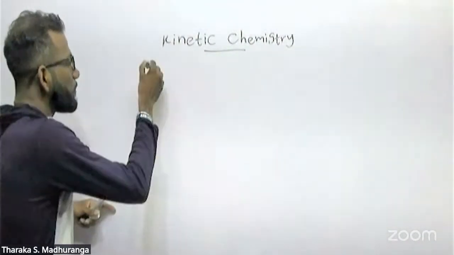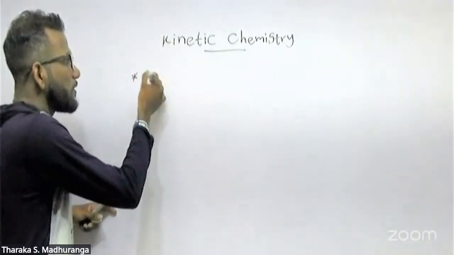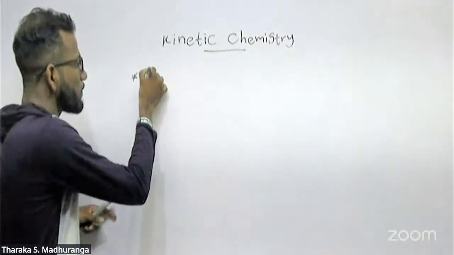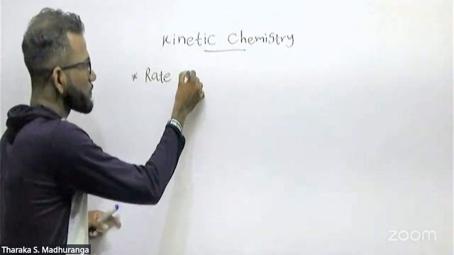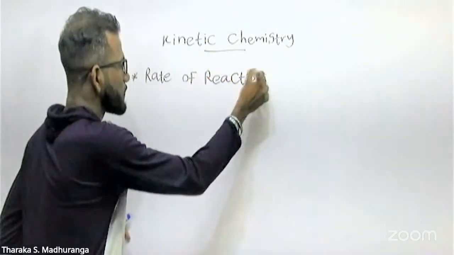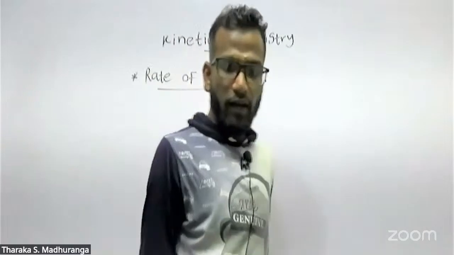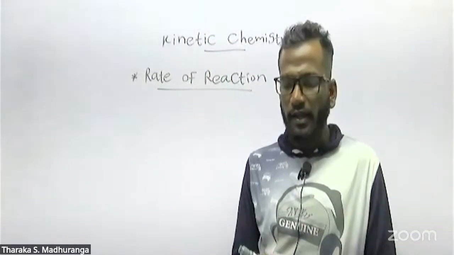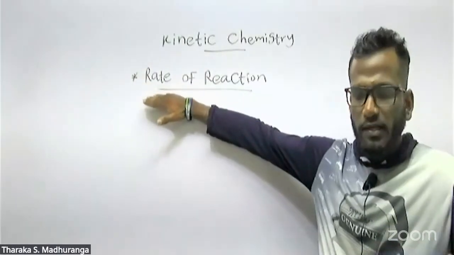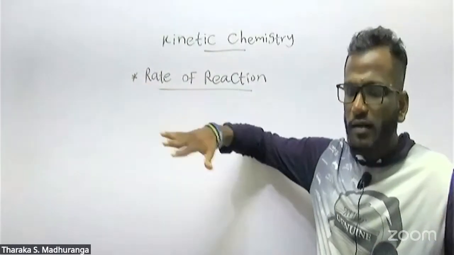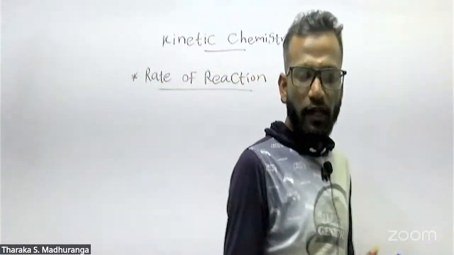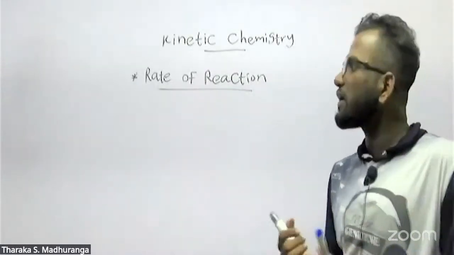This lesson we mainly discuss the rate of reaction. Rate of reaction is the target of this lesson. What does rate mean? Rate means speed. In this lesson we mainly discuss the rate of chemical reaction.